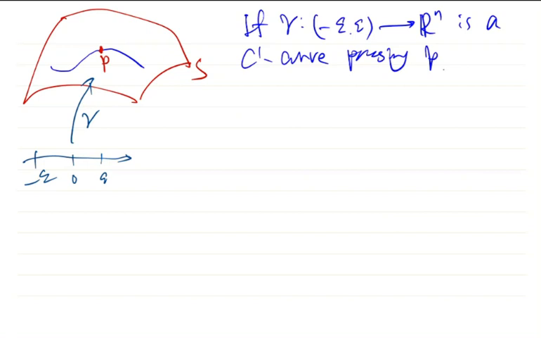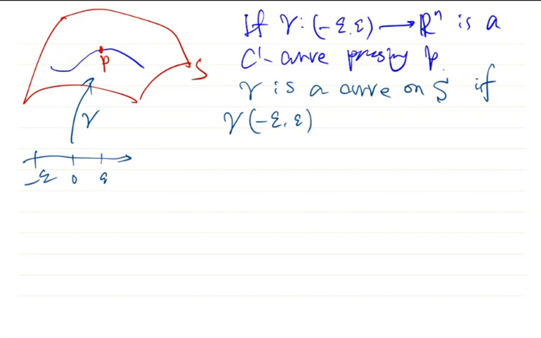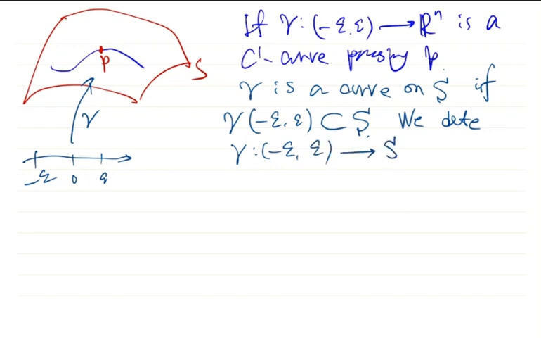This curve, we say this is a curve on S. Gamma is a curve on S if the image of gamma is contained in S. In this case, since its image is contained in S, we can consider this as a map from minus epsilon to epsilon to the subset S of Rn.